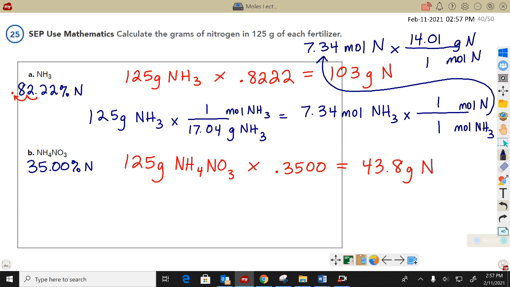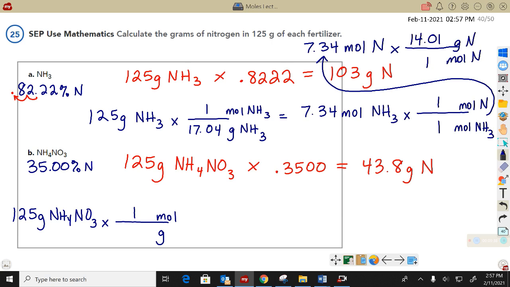So for example, here I could take 125 grams of NH4NO3 and say, well, let's get that out of grams and into moles. 1 mole has the mass on the periodic table. Let's see, we had 2 times the nitrogen.